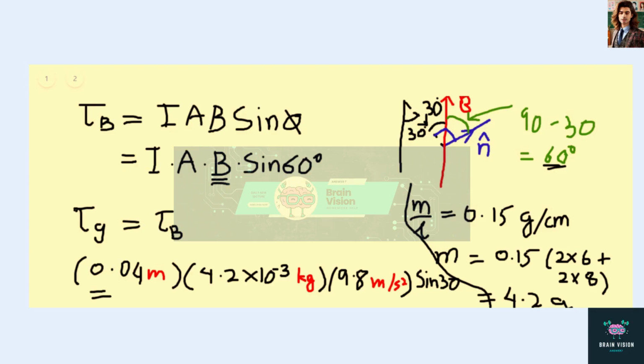I want to equate this to IAB sine theta, so sine 60. I is the current given to me, 8.2 amperes.